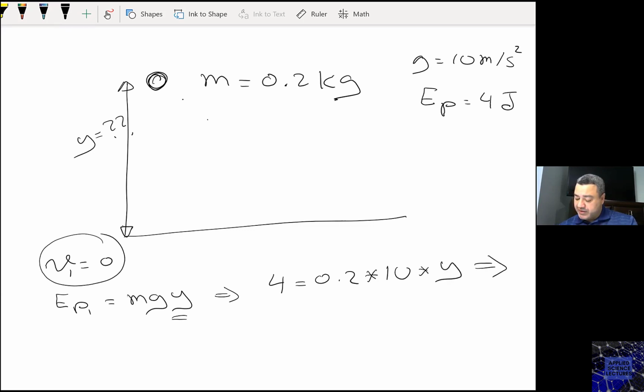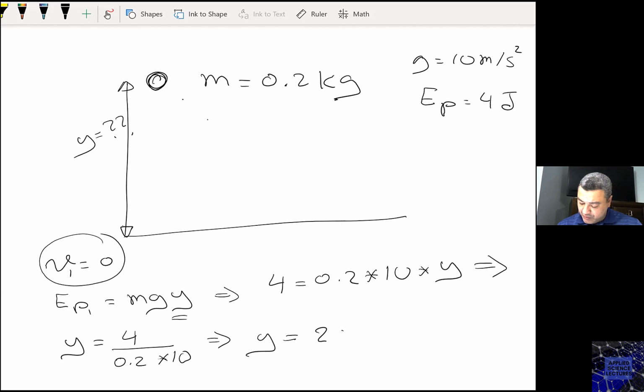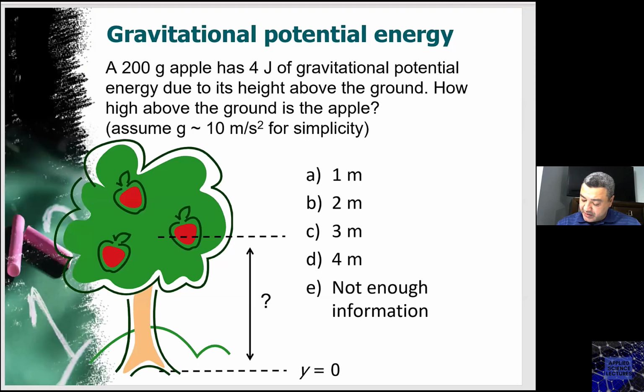So in this case, y is 4 divided by 0.2 times 10, and y equals 2 meters. So back to the question. The answer is B, 2 meters.